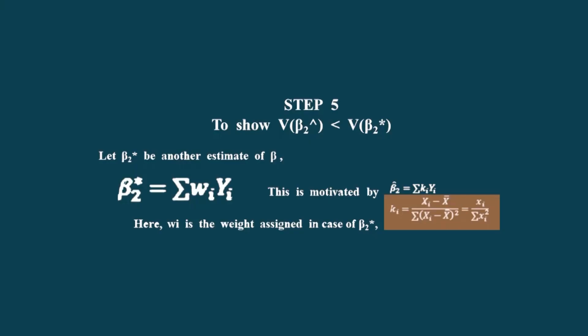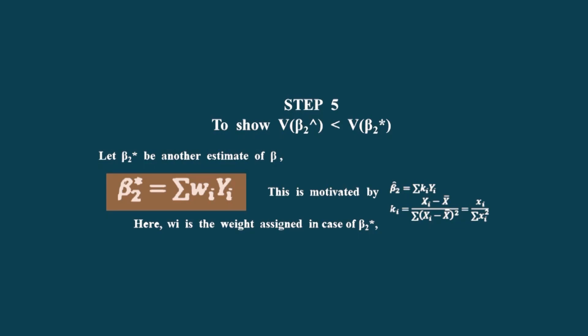Now how to write this ki? Ki is written as xi minus x bar, because that is the original definition of ki, with small xi in the numerator divided by summation of xi squared in the denominator, also in small letters.